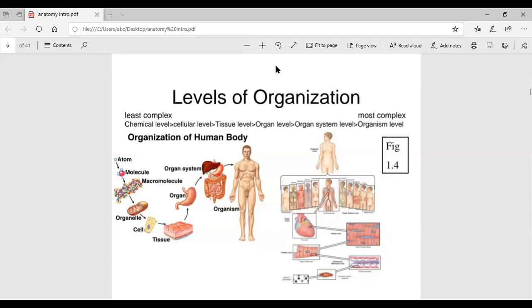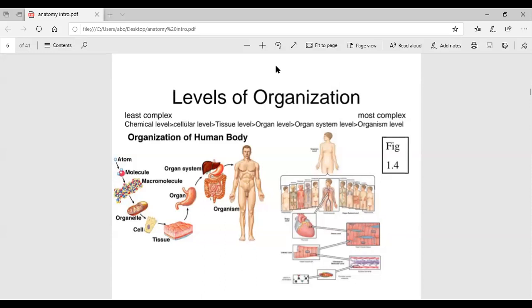So all these different organs have combined to form an organ system called the digestive system. The function of this organ system is to digest the food and excrete the waste material. So we have 11 organ systems like this, and all these different organ systems provide different functions. And when these many organ systems are combined, we form the entire human organism.